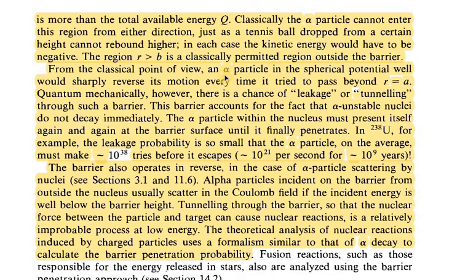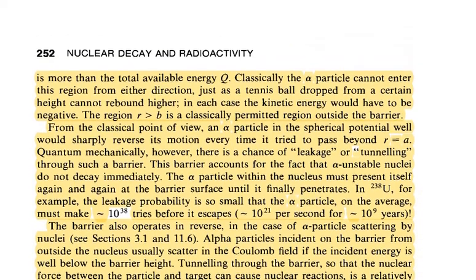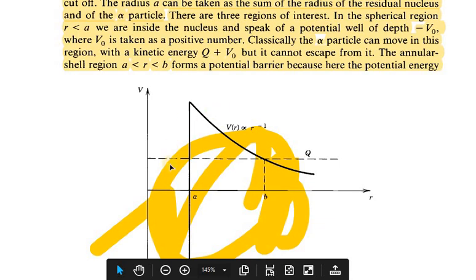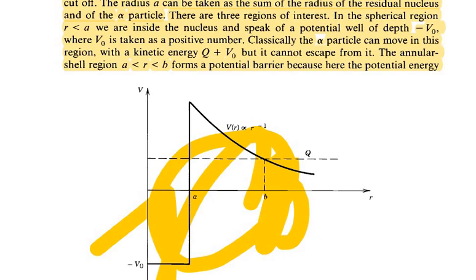From the classical point of view, an alpha particle in the spherical potential well would sharply reverse its motion every time it tried to pass beyond R equal to A. Quantum mechanically, however, there is a chance of leakage or tunneling through such a barrier. Classically, when a particle starts to move to this side, it cannot escape from this potential well. But quantum mechanically, there is a possibility of tunneling through this potential barrier.